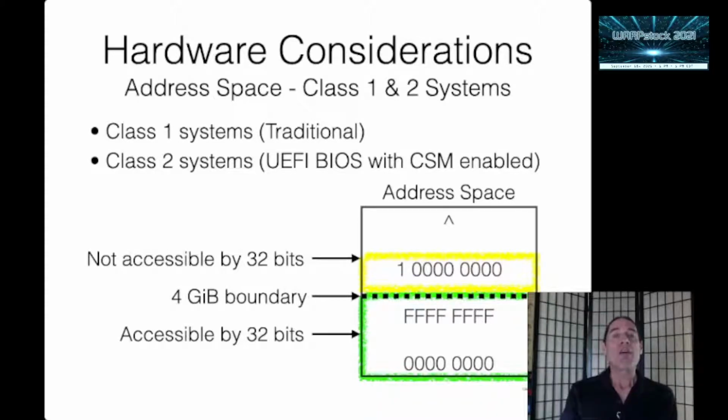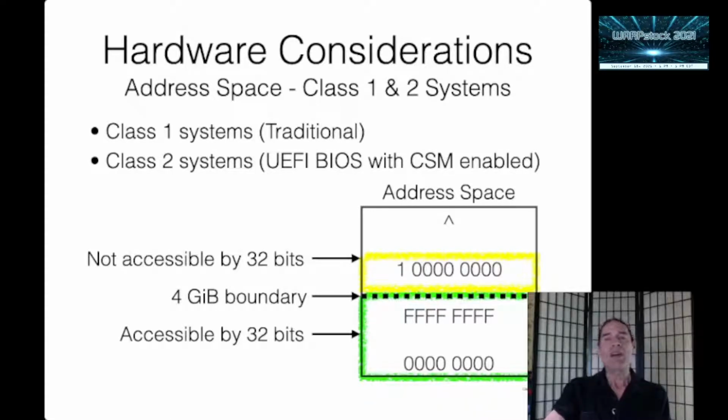Now, UEFI BIOS with a CSM, that's Class 2 systems, they've started to move some memory into the address space above 4 GB, the yellow area, and thus leaving less memory for 32-bit addresses. This is why you see on these systems having significantly less than 4 GB of RAM available for ArcaOS.